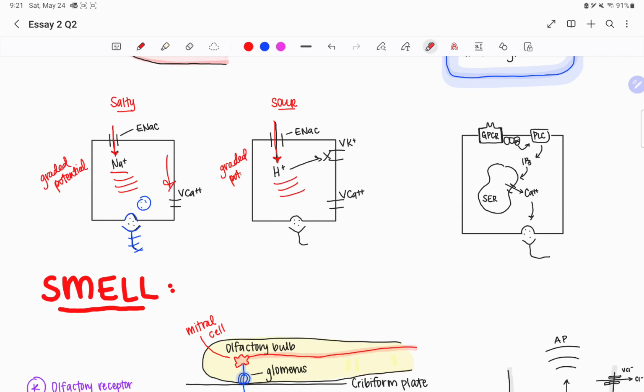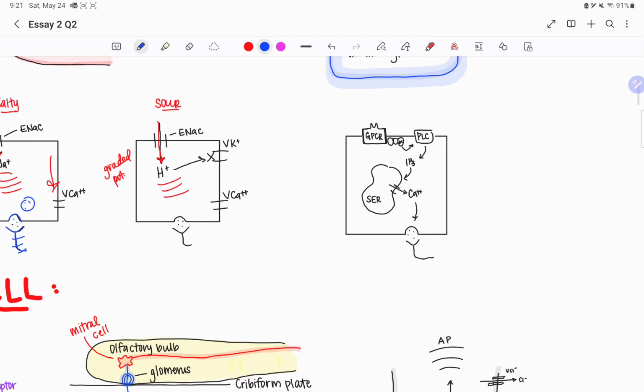Now, for your last 3, we've got the bitter, sweet, and umami. These are GPCR regulated, G protein coupled receptor. What we have is a ligand that comes and binds to the GPCR.